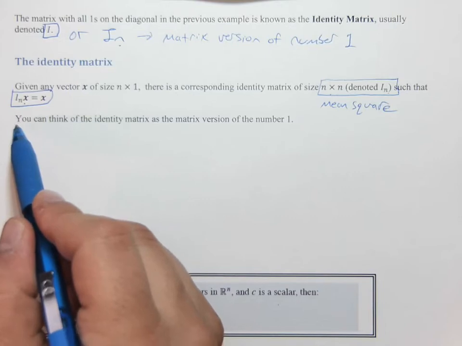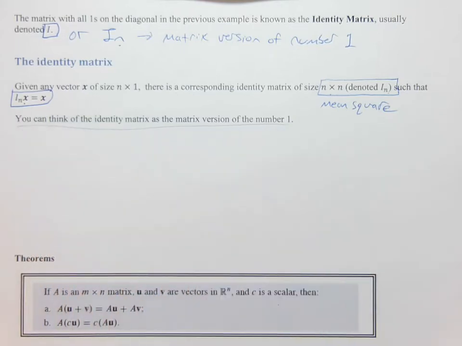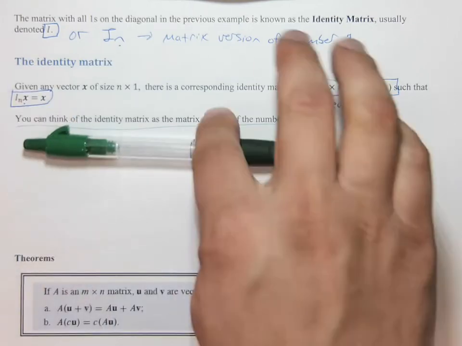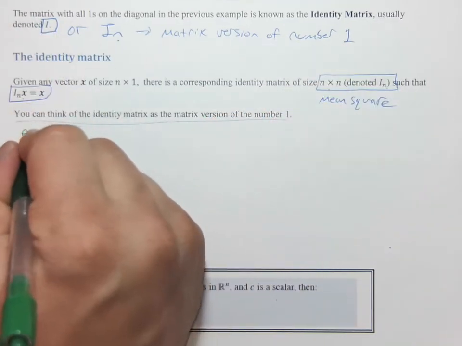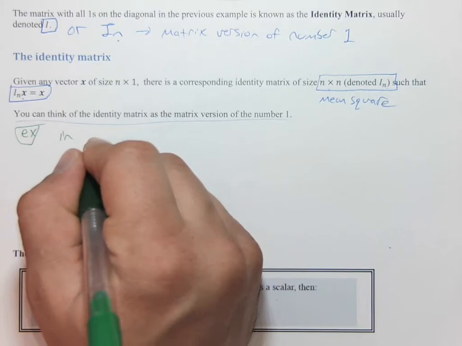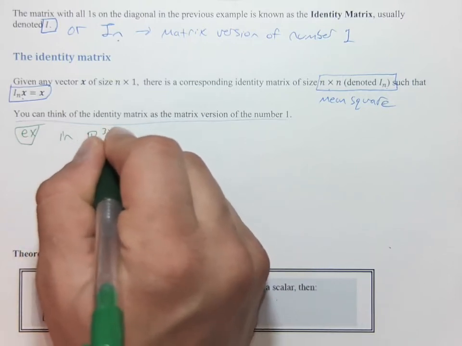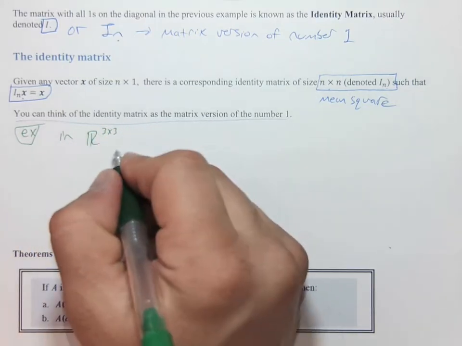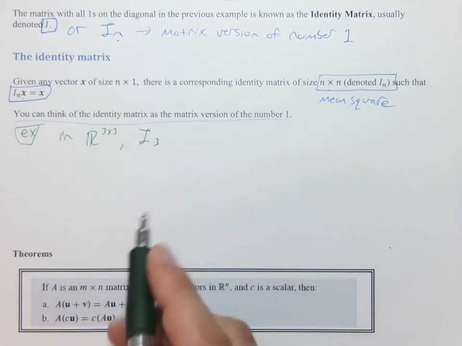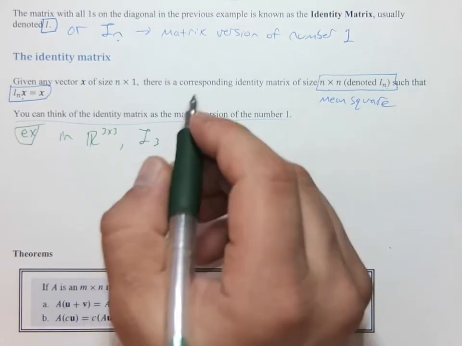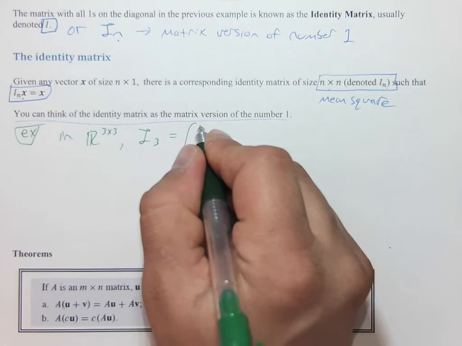And as I mentioned, in terms of multiplication, it's kind of like the matrix version of the number 1. So for example, if we're in real numbers with matrices that are 3 by 3, the 3 by 3 identity matrix, denoted I sub 3, would be the one we just saw on the last page.